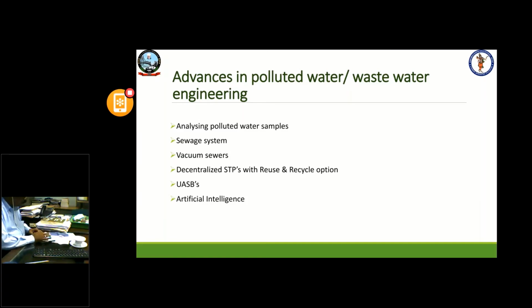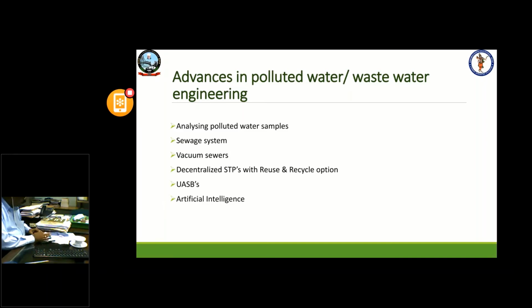You can design them, may go for 0.5 MLD, up to 1 or 2 MLD. Even in our educational institutes, you can design this type of decentralized sewage treatment plant. So in each educational institute, you can go for one decentralized sewage treatment plant with an option of reuse and recycle, so that the sewage can be effectively treated.